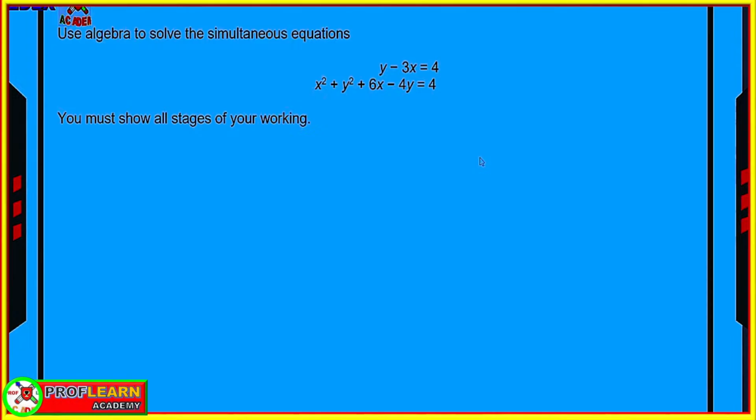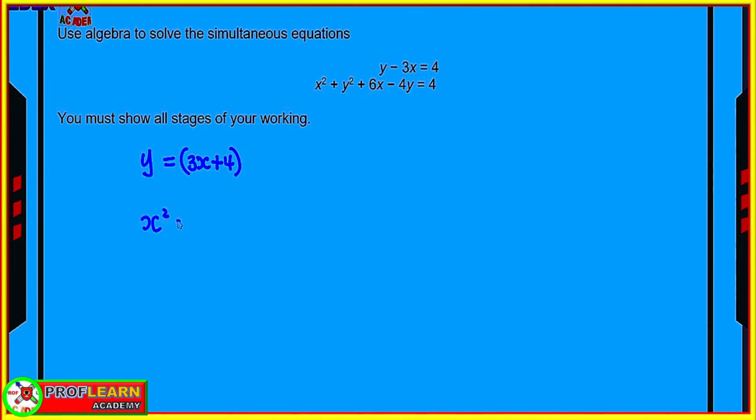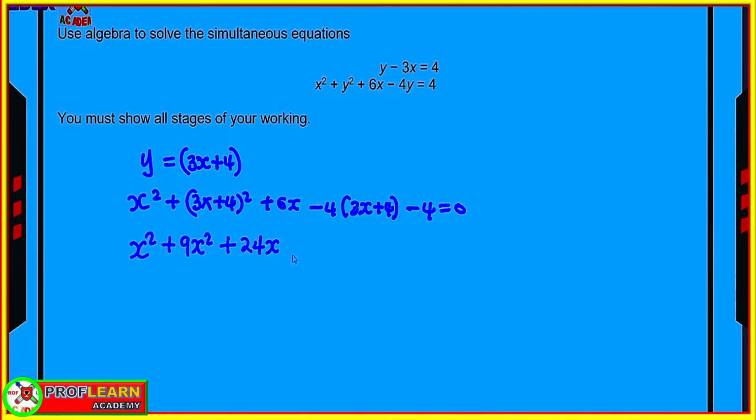So we're going to solve simultaneous equations that involve a linear and a quadratic. We're going to substitute anywhere we have y, 3x plus 4, into this quadratic down here, which means we are going to expand and put the like terms together, and you realize that we are going to have a quadratic in terms of x.